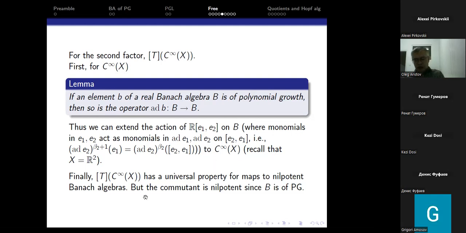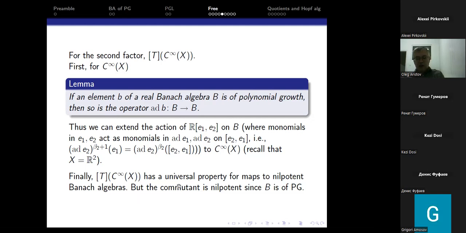Also note that the algebra T of S infinity of X was defined in such a way that it has a useful property for maps to nilpotent Banach algebras. We know that the commutant is in the radical, and the radical is nilpotent.